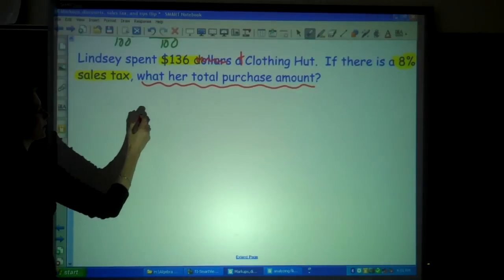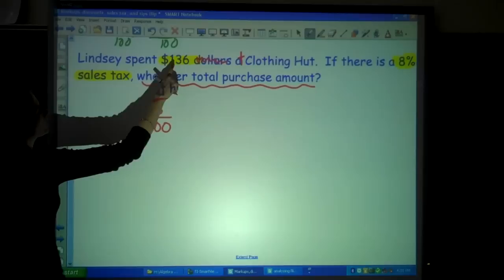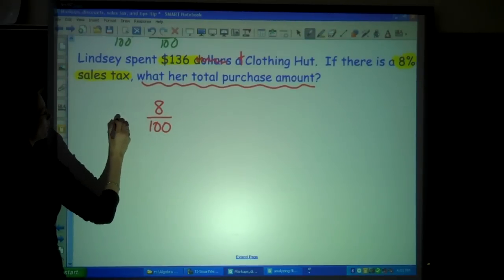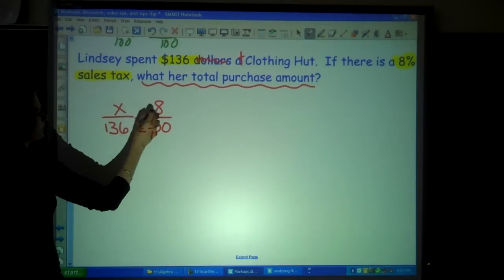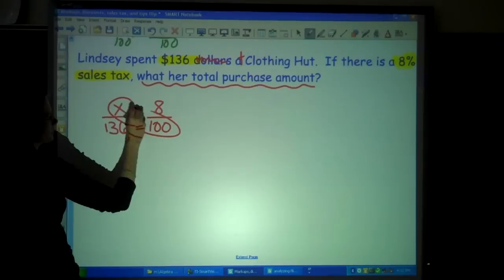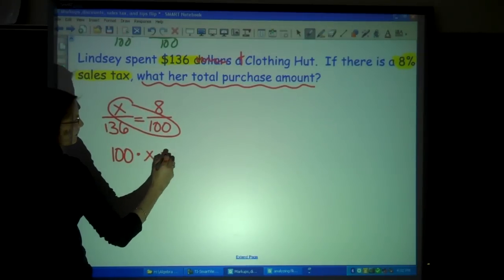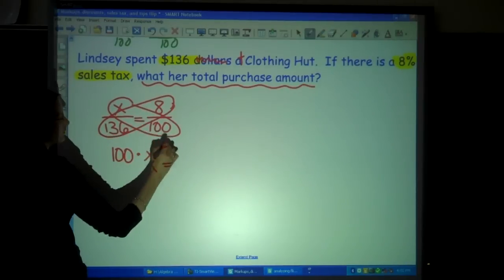So I'm going to start with my 8%. 8 out of 100 is how we write 8%. I know that 136 is the whole amount she spent. And I'm trying to find the 8% of that. So I have my part over my whole. I'm going to do my extreme times my extreme is equal to my means times my means.